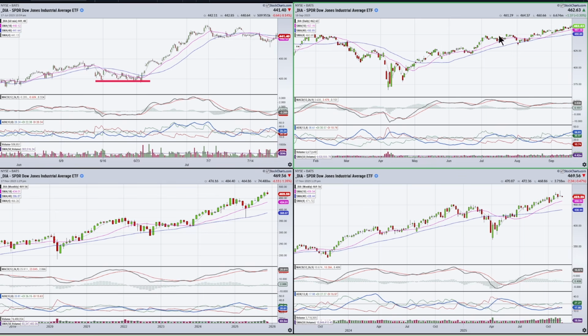Now, again, there's a zone where you want to be a buyer on the small time frame, the trigger time frame. We don't want to be getting in before. If the 18 and the 40 are declining, it's too early.